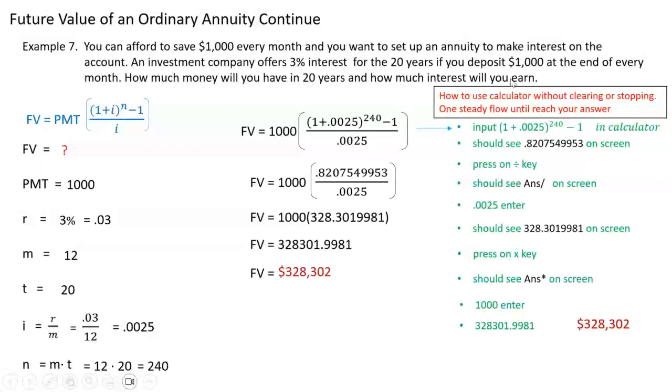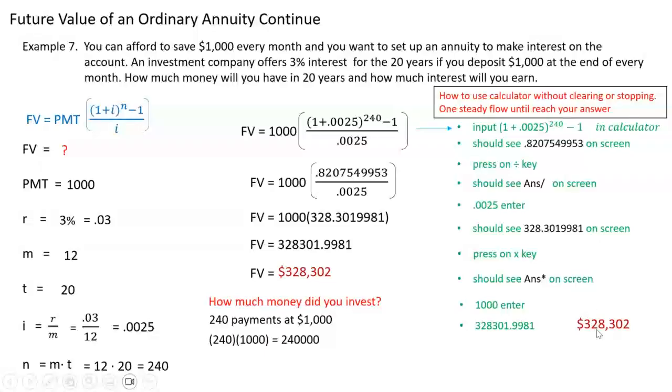And how much interest will you earn? So how do we do that? Well, here's how. How many payments did you make? You made 240 payments, and the payment was for 1,000. So 240 times 1,000 will be 240,000.